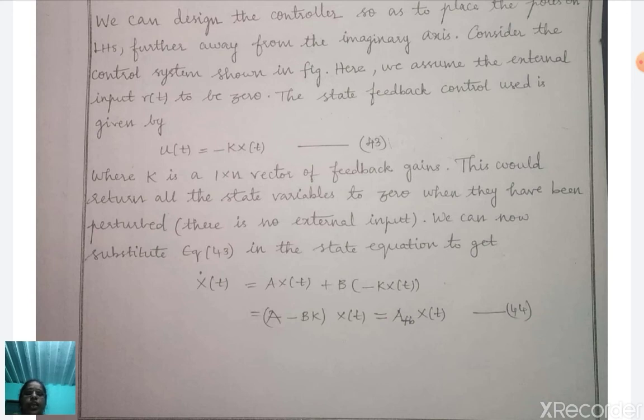Now substitute equation 43 in the state equation. X dot of t is equal to A x of t plus B into, instead of u of t, we have to substitute minus K x of t only. Now we get A minus BK into x of t, that is equal to A FB x of t.